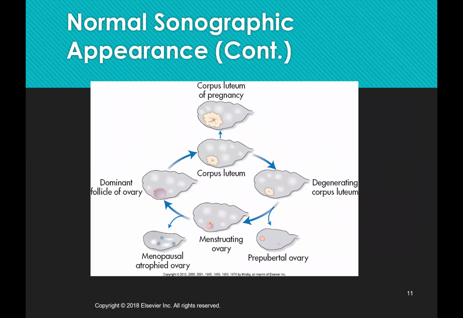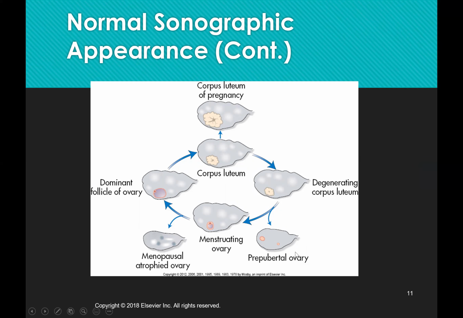We went over this earlier with the stages of both the ovary and the menstrual phases, but let's talk about it one more time. This is the life cycle of a patient while she is fertile. You can see the menopausal atrophied ovary. They're in retirement and don't need to work as hard anymore, so they usually shrink up, and there are definitely not as many follicles seen on the ovaries.